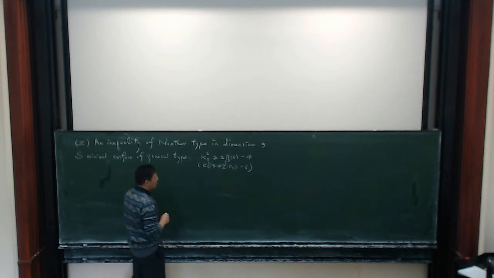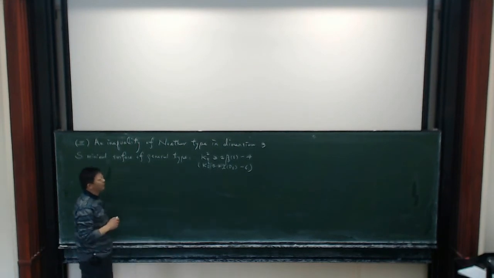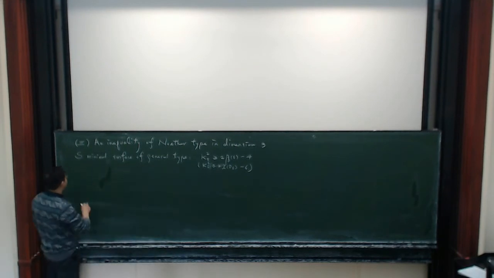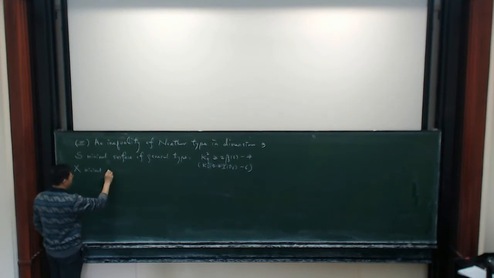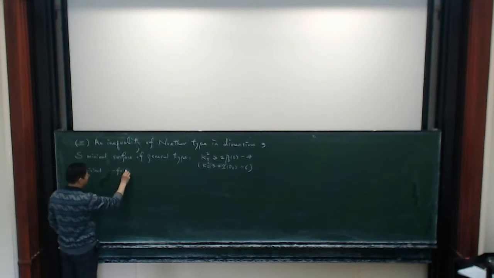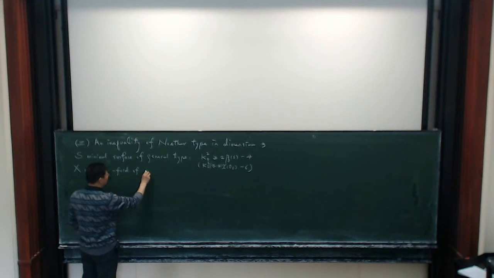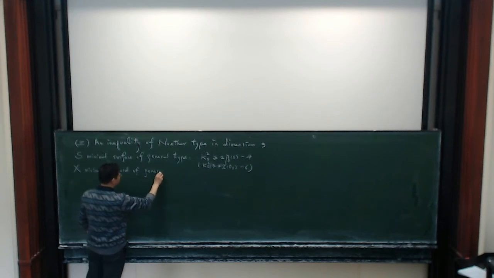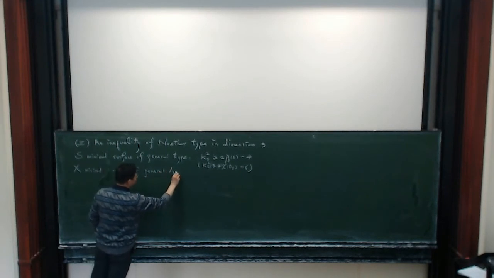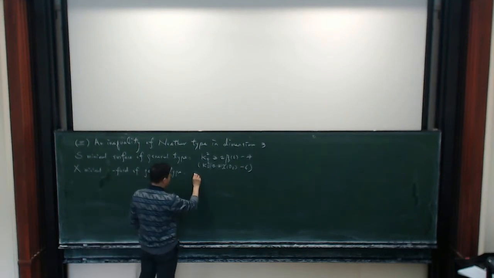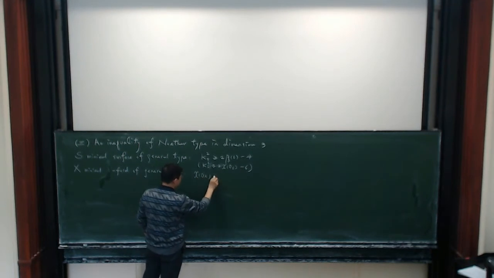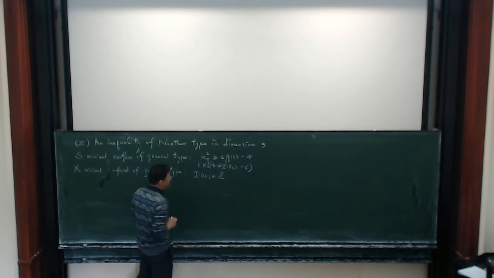that's for minimal threefold. Usually, if you have a threefold X which is minimal, normally chi of O_X is only an integer.